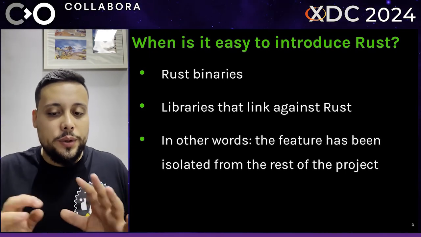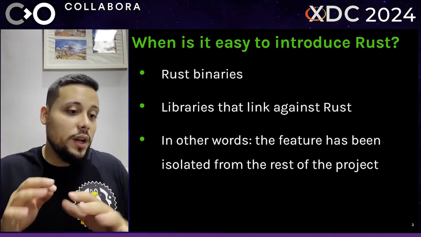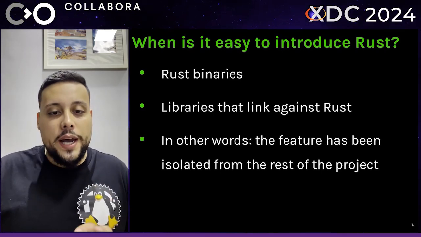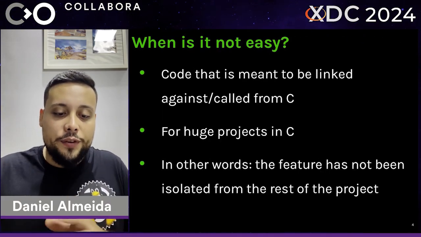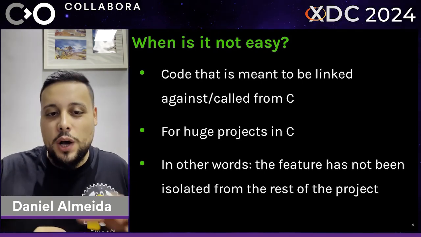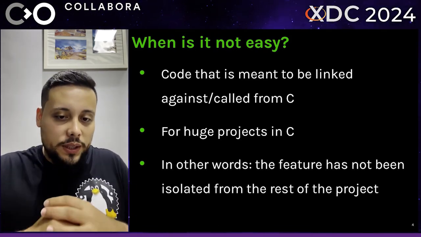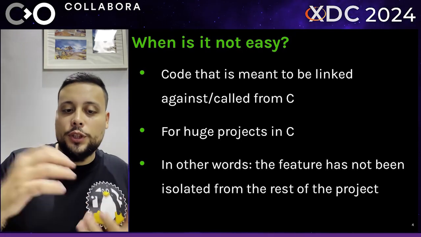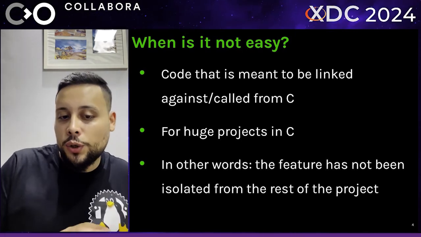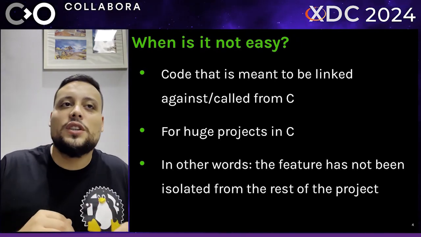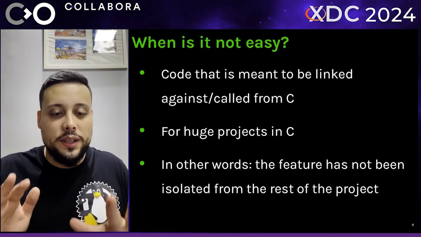So in other words, when we have a feature that's been relatively isolated from the rest of the project, that's good. On the other hand, if you have a feature that has not been isolated from the rest of the project, or when you basically want to have code in Rust that you can call from your pre-existing C code, and you have a huge project in C, that's when it's not that easy, but it's still doable.